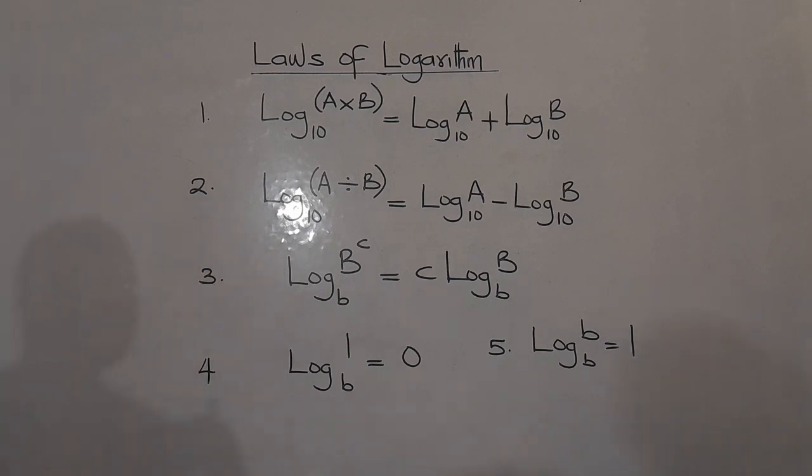The third one is log b raised to power c base b is equal to c log b base b. The fourth one is log 1 base b is 0. And the fifth one is log b base b equal to 1. We're going to be taking examples to look at how these laws are applied.